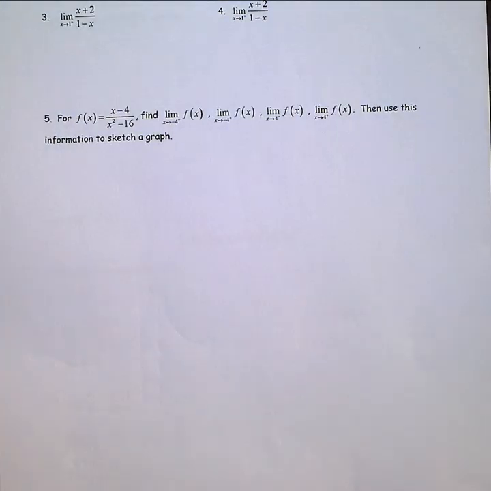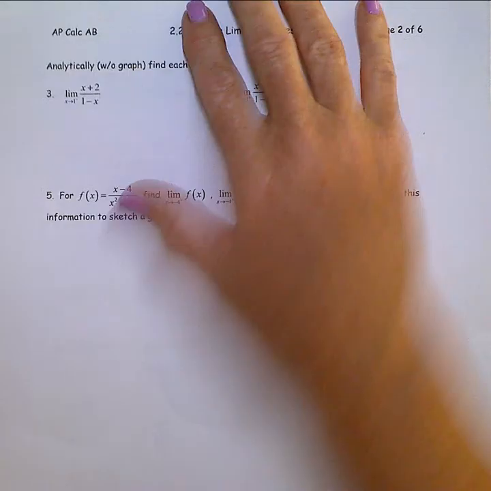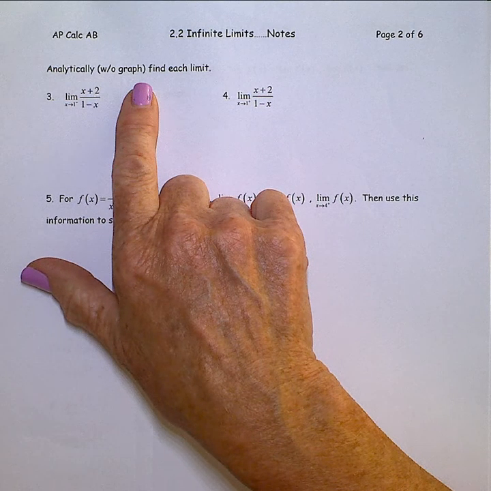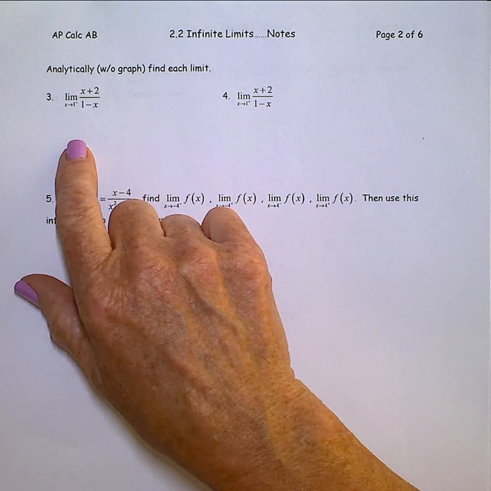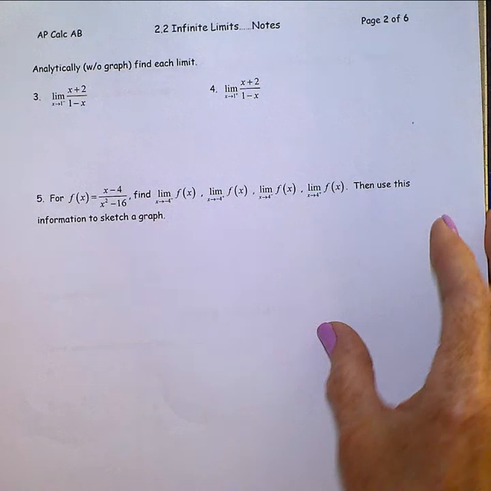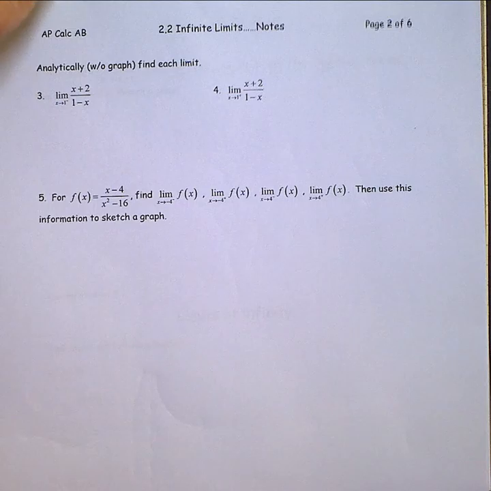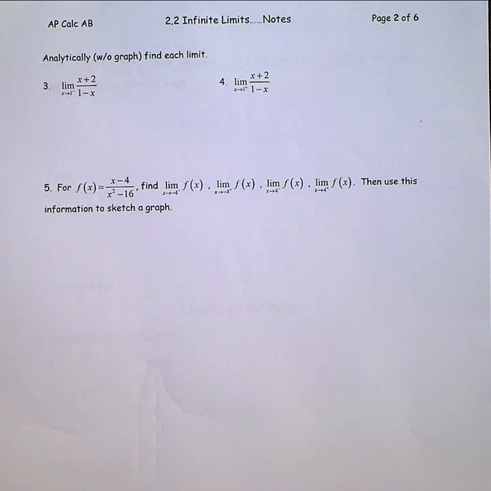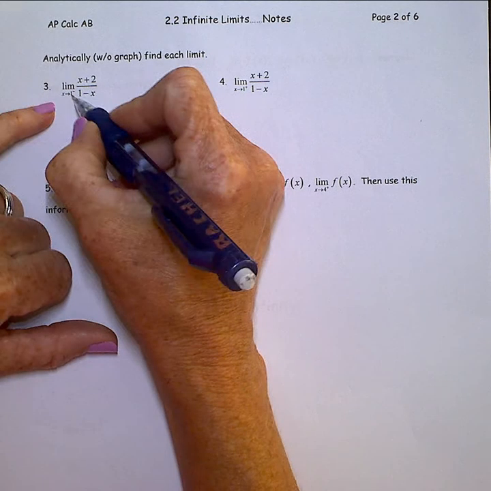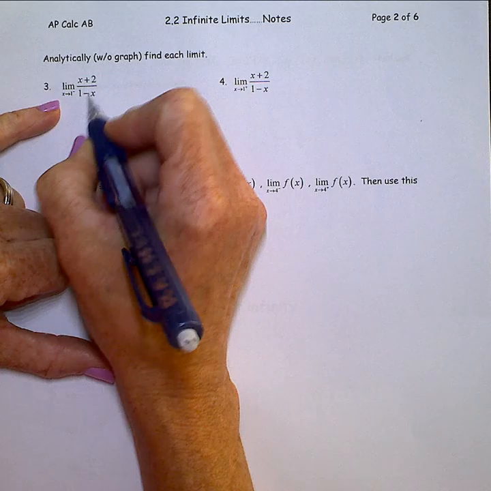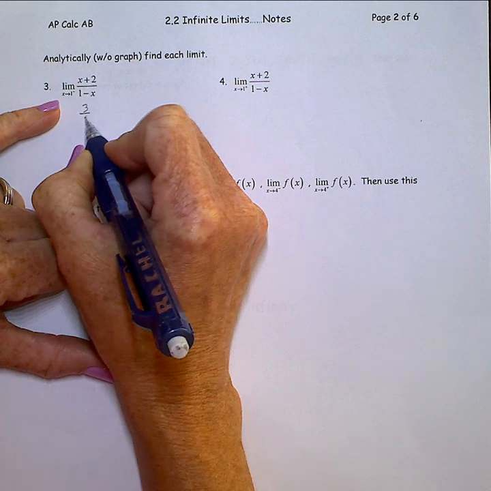Now, we explored this initially with your calculator. Now we're going to go through and analytically, so without a graph, without your calculator, find each limit. From the last couple of days, what's the very first thing that you do when you want to evaluate a limit? Katie? Plug in, absolutely. So let's plug this 1 in here. When we plug a 1 in, we're going to get a 3 over 0.